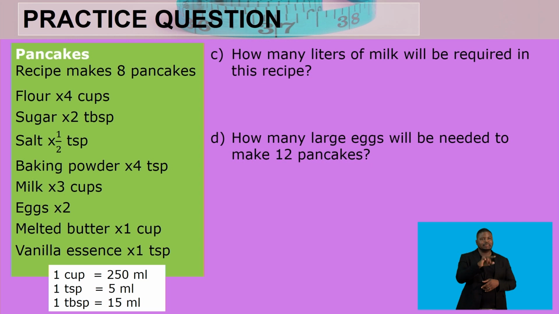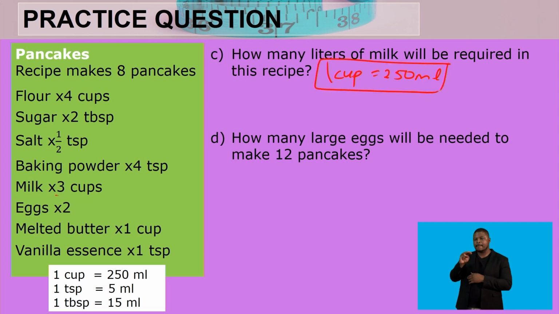Question 3 says, how many milliliters of milk will be required in this recipe? Milk, we are given that is 3 cups. We are given that 1 cup is equal to 250 milliliters. This is your conversion factor. So if we are converting 3 cups, you will say 3 cups divided by 1 cup because we divide with what is the same unit on our conversion factor.